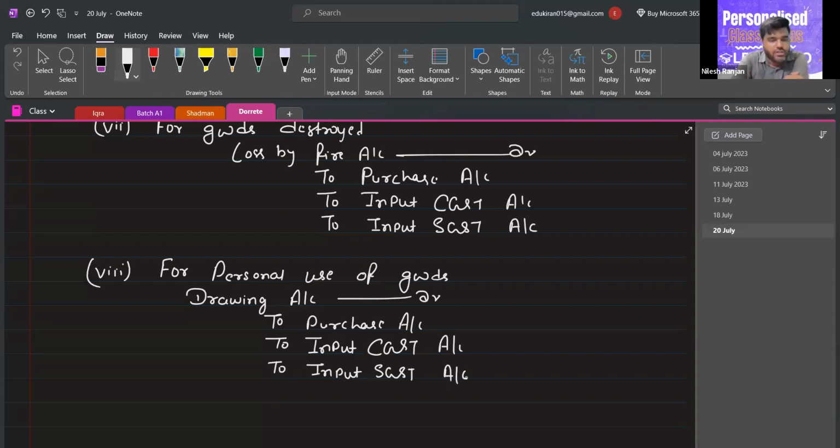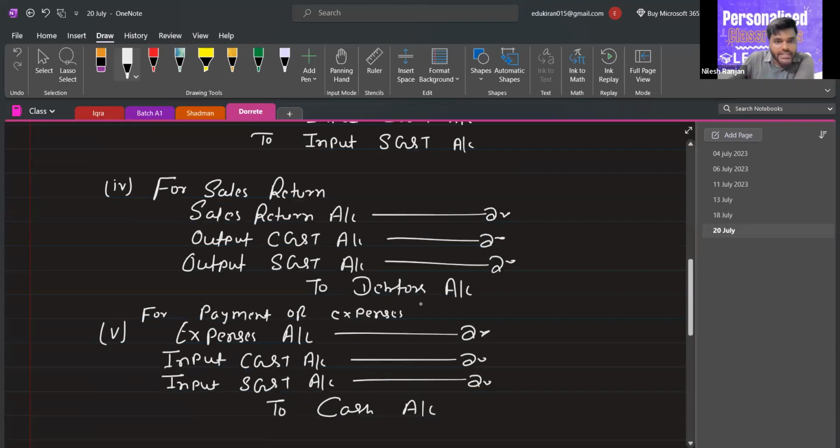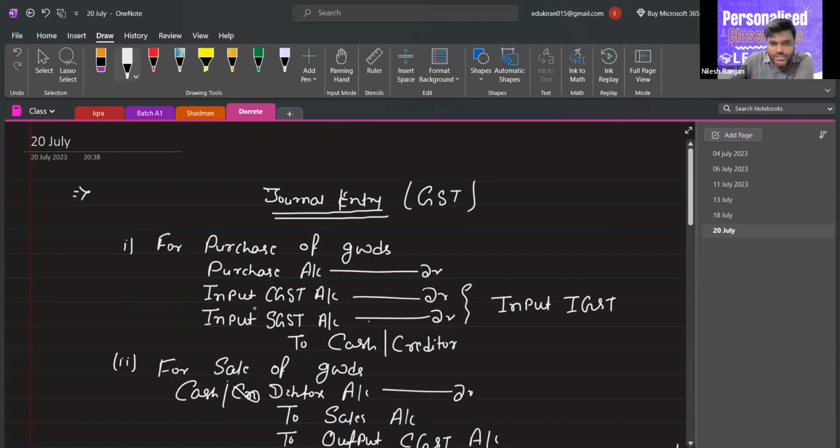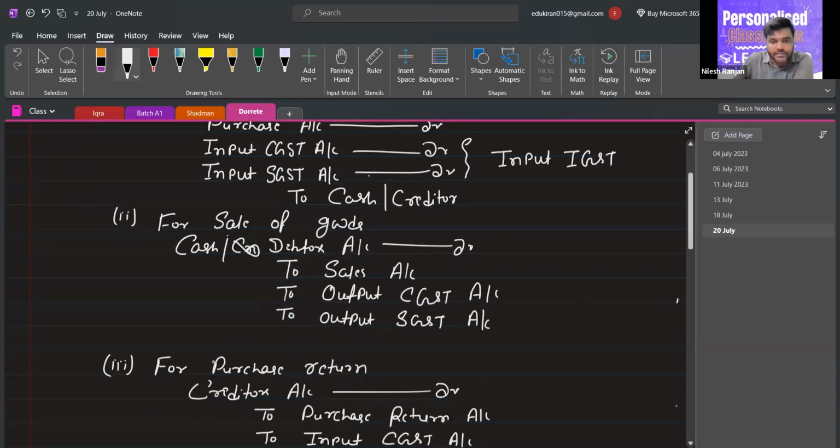So these are the entries for input and output CGST for personal use of goods. Now we have to pay tax to the government. When we take input, it is on the debit side. Input is generally on the debit side, and when we decrease input, it is on the credit side.